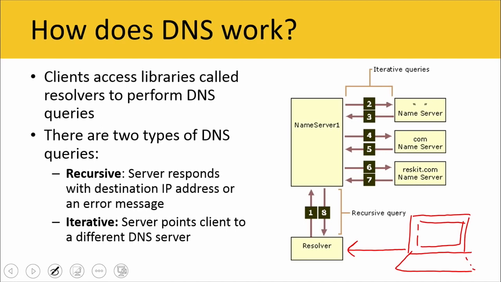The root name server may have the address. If it doesn't, it's going to tell it where to go, and maybe it tells it to go to the COM server. So the name server says, no, I don't have it, but I can tell you where to find the COM server. Well, then the COM server sends back perhaps the IP address. And then we just skip straight to step 8. The resolver then sends us back the IP address, and all of a sudden, here we are. We have Bing on our screens. Okay.